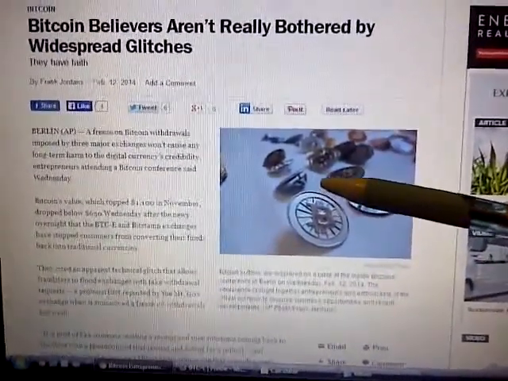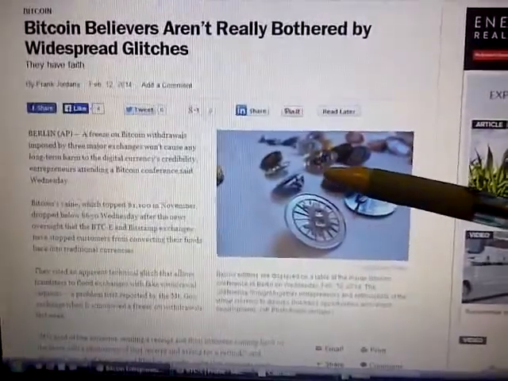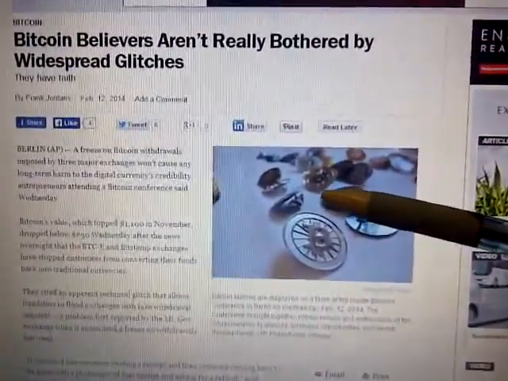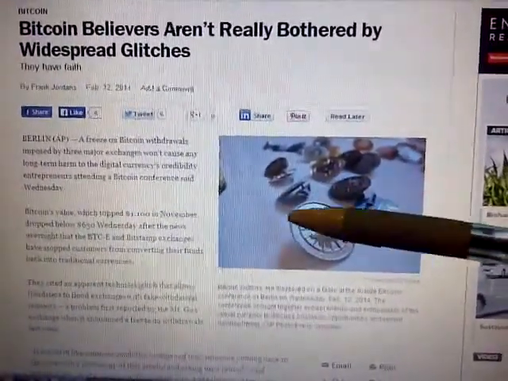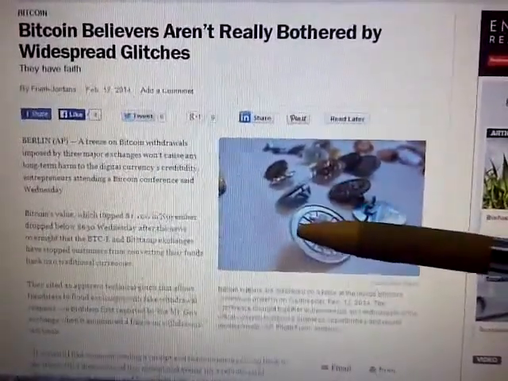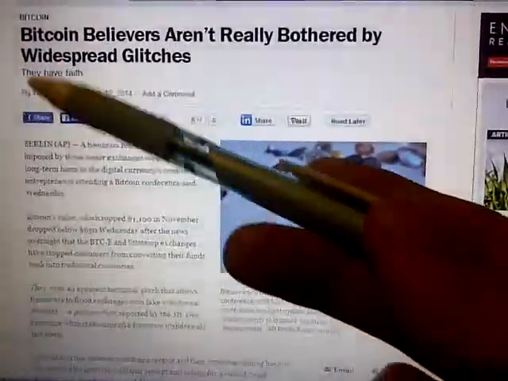If people don't have availability to the exchange, they're going to have availability with each other. And that's just how versatile it is.